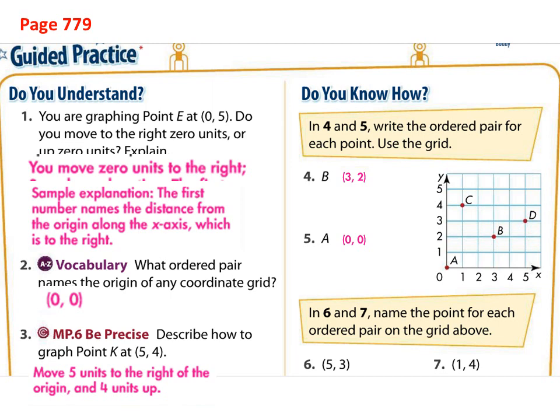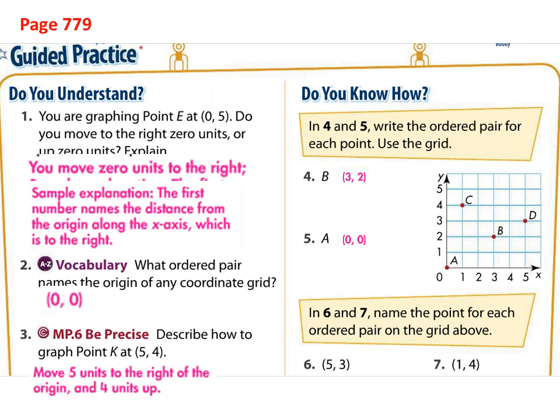Go now to question 6 and 7. In question 6 and 7, name the point for each ordered pair on the grid above. Stop the video, do question 6, do 7, come back again if you have finished. Have you finished? Yes? Okay. Question 6, 5 and 3.